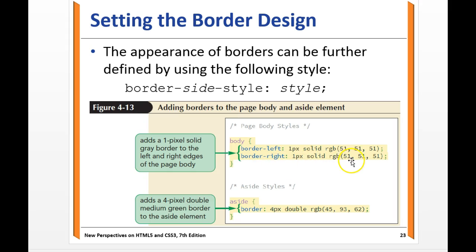So this is to the left, 1 pixel of gray, and 1 pixel of gray to the right side as well. Here we are defining a 4 pixel double medium green border to the side element. This is the style for the page body, and this is the style for the side style. That's what we are adding.